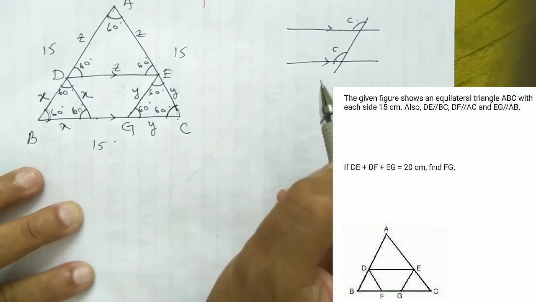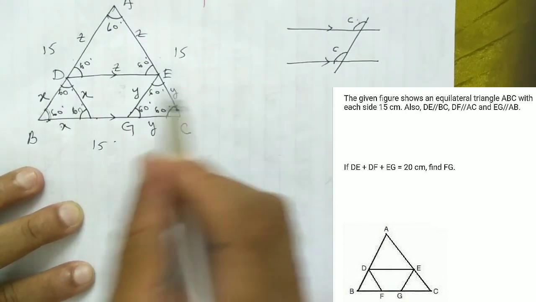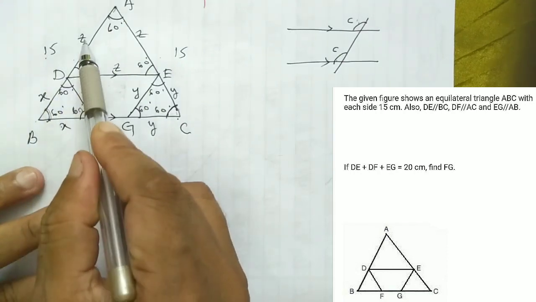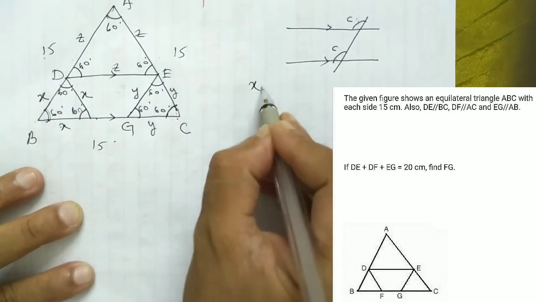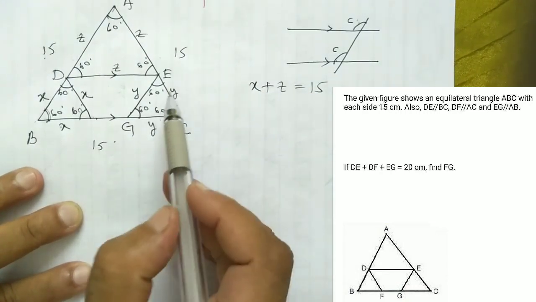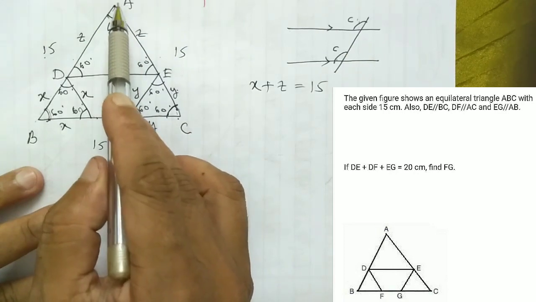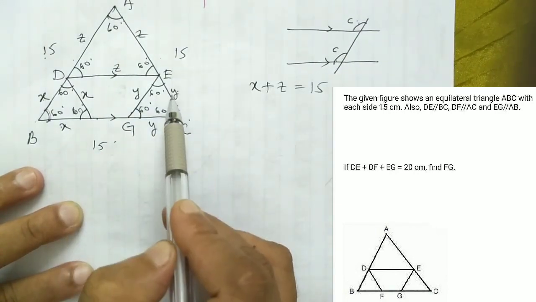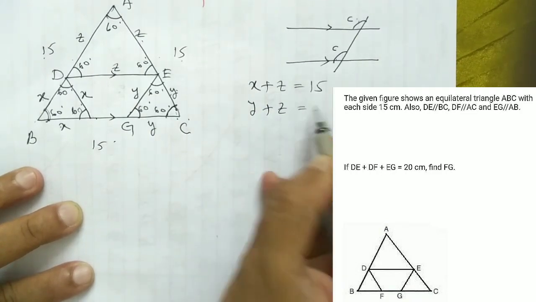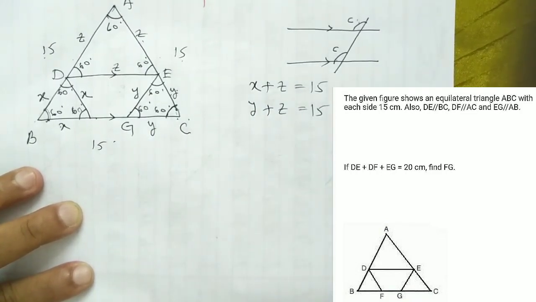Fine. Now what can I write? Since the whole side is 15, I can write x plus z equal to 15. Now here, in the same way, this side is 15. That means y plus z equal to 15. Fine.